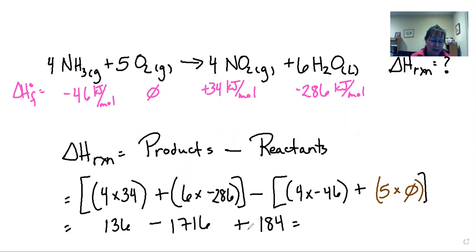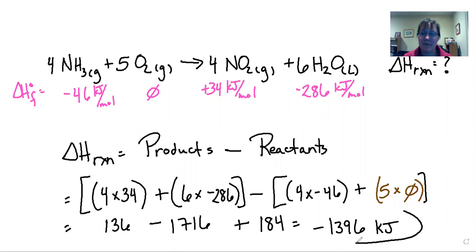I combine all these, and I get a final answer for my delta H value of negative 1,396 kilojoules.